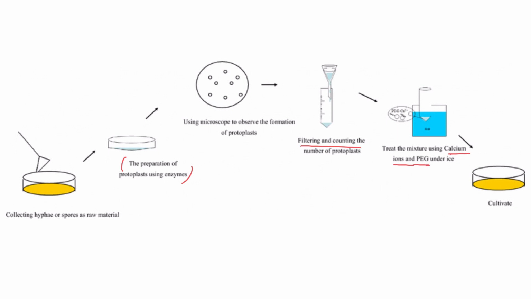Then we mix it with the genetic material and then cultivate it, and the transfection will occur when we mix it with the genetic material after treatment with calcium ions and PEG. So this is a very simple method.